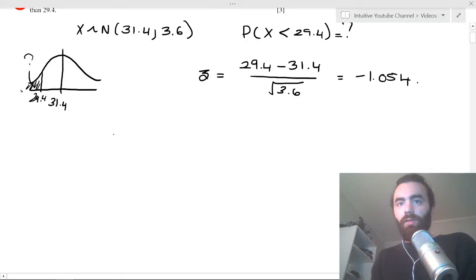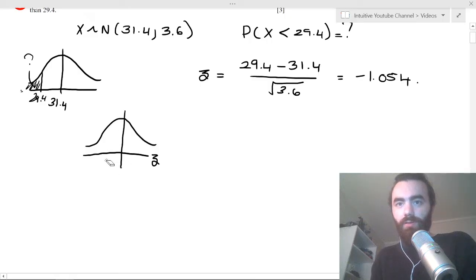So let's have a look at this. So the corresponding z value, or z distribution, you'll get this. This is your z. It's a pretty gross line. And so the corresponding z value for this is minus 1.054. We want this area.